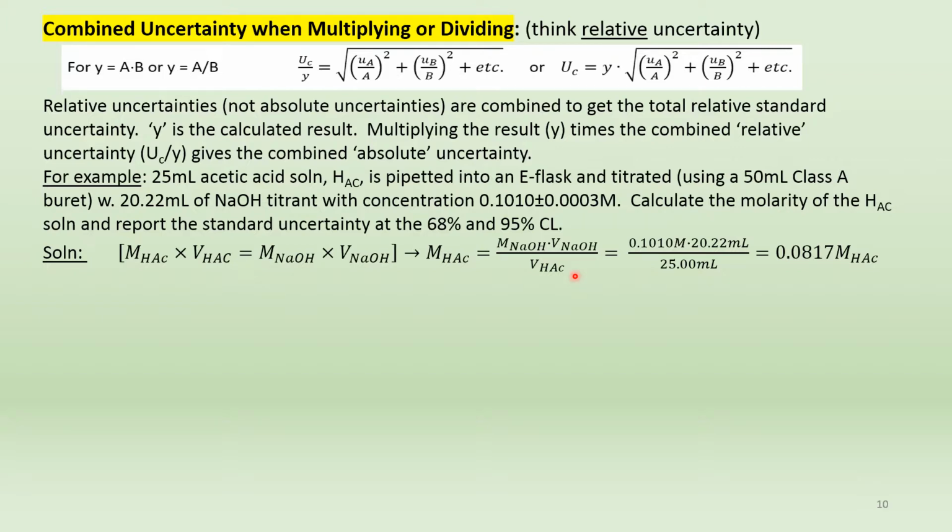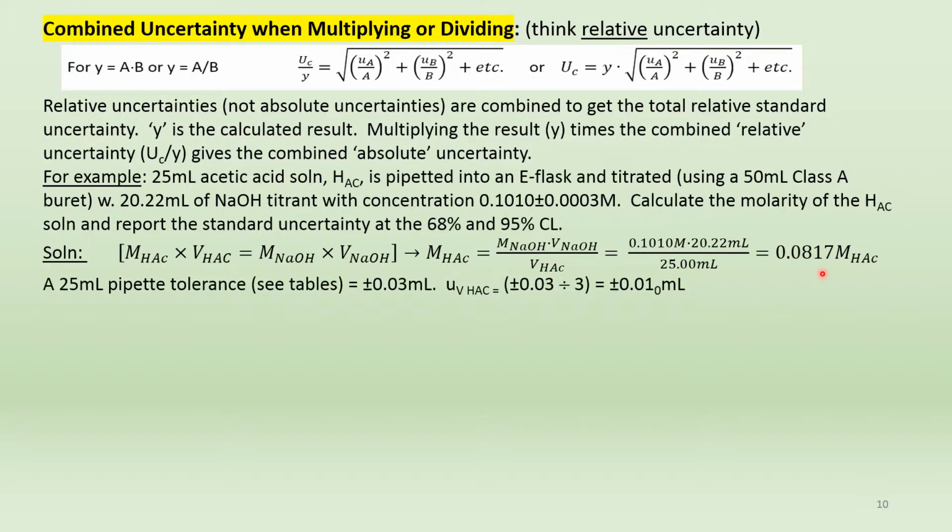So the molarity of the sodium hydroxide was given as 0.1010, and the volume used was 20.22 mL, divided by the volume of the acetic acid, which was 25.00 mL, and the molarity of the acetic acid is 0.0817 molar. What about its uncertainty?